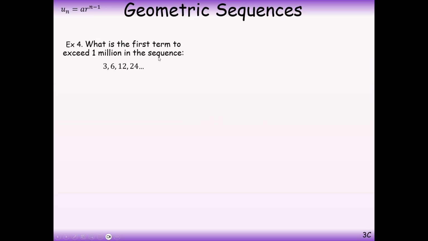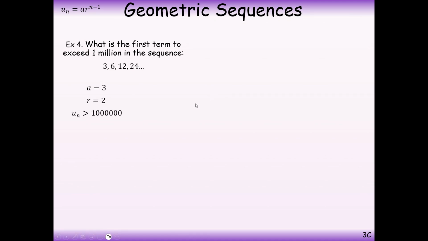Okay, so let's look at the next example. In this question, we've been asked to find the first term of the sequence that will exceed 1 million. This sequence is 3, 6, 12, and 24. It's just like the last example we looked at, but the question is different. The value of a is 3 and the ratio is 2.